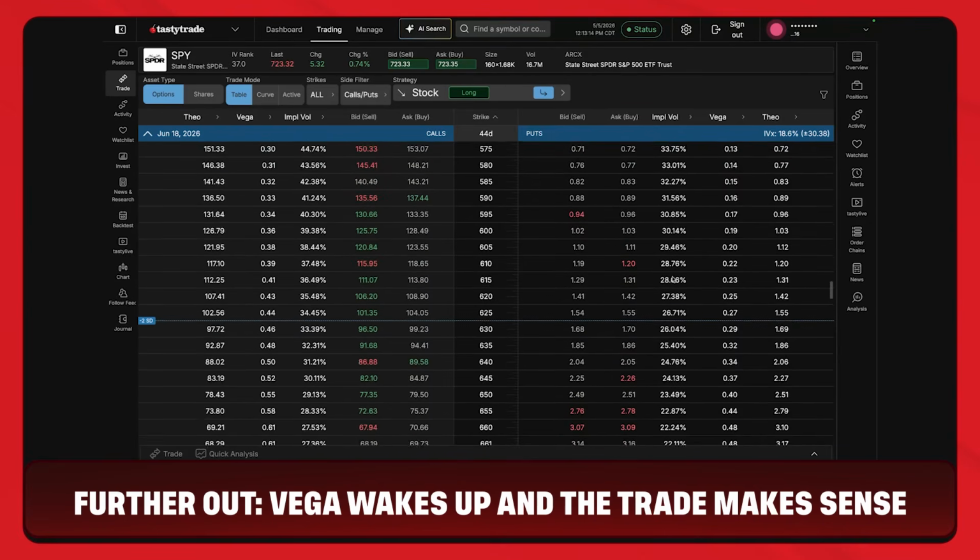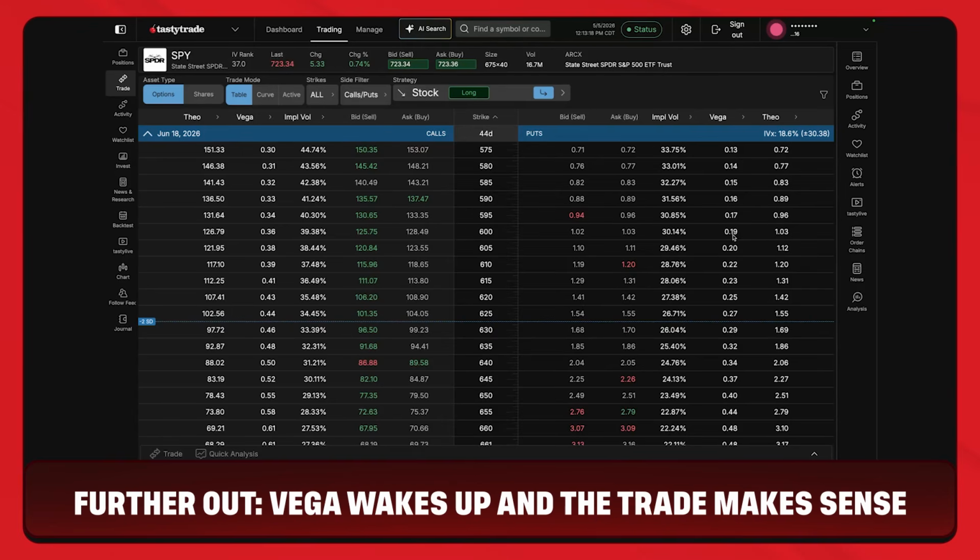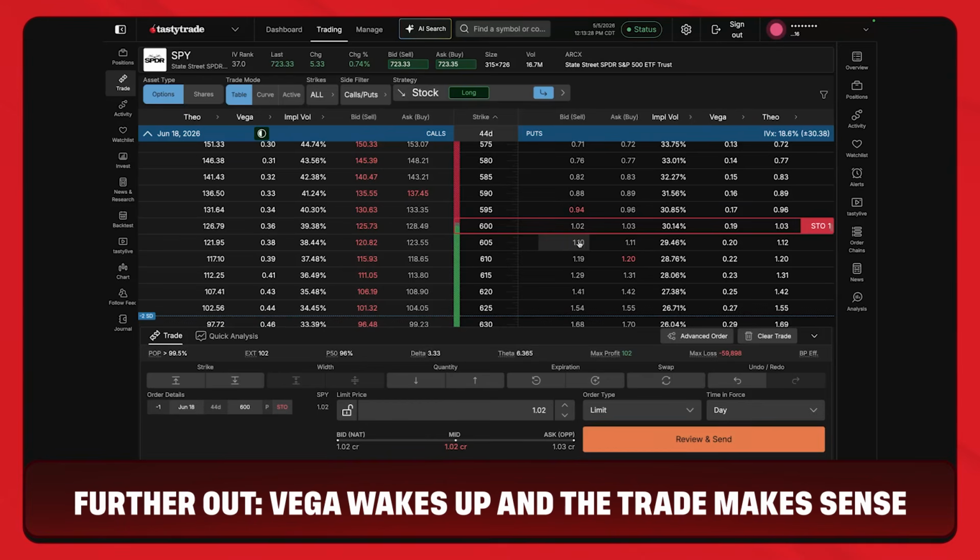And the reason, okay, is that the Vega here is 19. So the volatility doesn't have to go up nearly as much to make that theoretical value equal to $1.02. If I sell that put for $1.02, max profit is $102, buying power effect is $9,000. So a lot bigger max potential profit for a lower capital requirement.